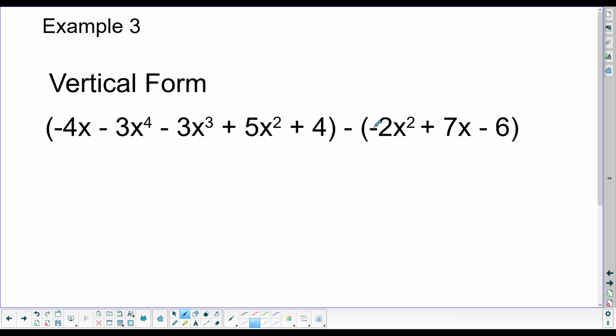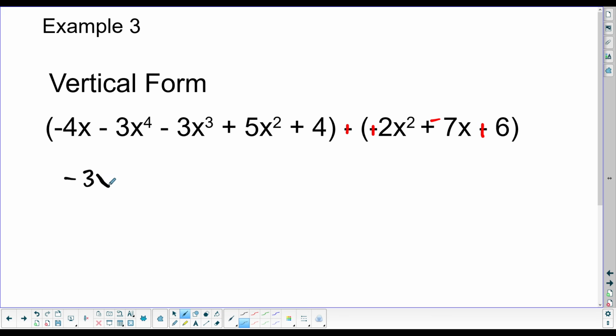Negative times negative gives me positive, so I'm going to change that to positive and change that to positive. Negative times positive gives me negative. And then negative times negative gives me positive. I can change those signs ahead of time, and that will help me keep track of that. Vertical form, so again, I'm going to line these up vertically.